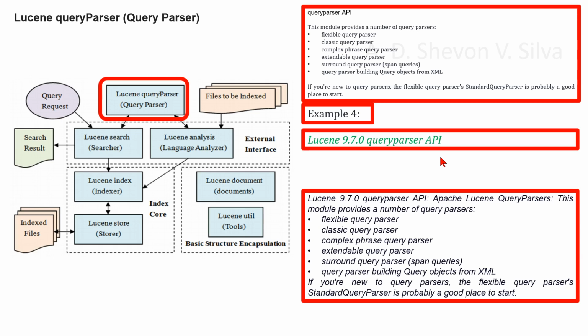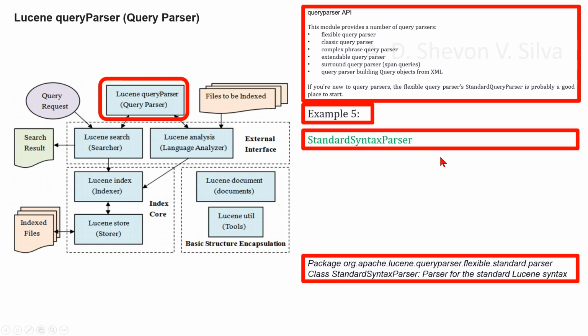If you are new to query parsers, the flexible query parser, standard query parser, is probably a good place to start. Now we are considering standard syntax, class StandardSyntaxParser in package org.apache.lucene.queryparser.flexible.standard, the parser for the standard Lucene syntax.